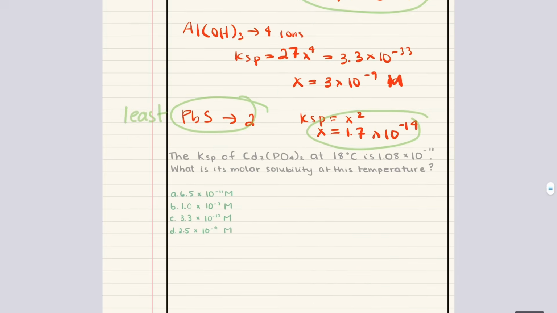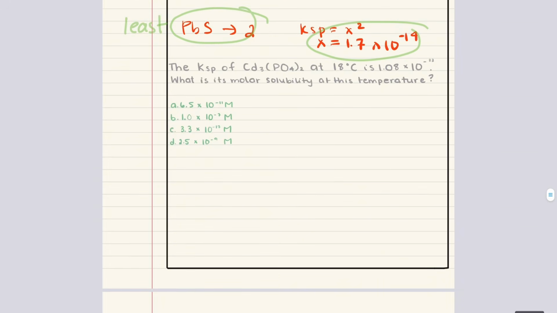The second question asks, what is the molar solubility of cadmium phosphate at 18 degrees Celsius if the KSP is 1.08 times 10 to the negative 33? Let's write the dissolution. Cadmium phosphate dissolves into 3 cadmium 2 plus and 2 phosphate 3 minus.